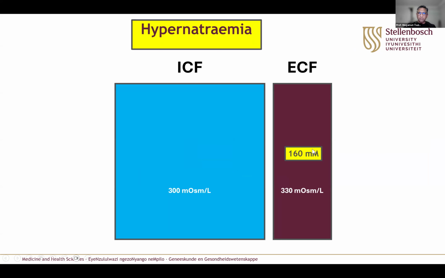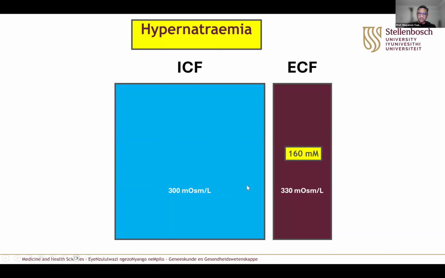So let me just show you, our patient here has a sodium concentration of 160 millimoles per liter, and the osmolality has now gone up in the ECF to 330 milliosmoles per liter. That means there is an osmolality difference across the membrane of 30 milliosmoles per liter. Remember, I said a 1 milliosmol difference is the equivalent of nearly 20 millimeters of mercury.